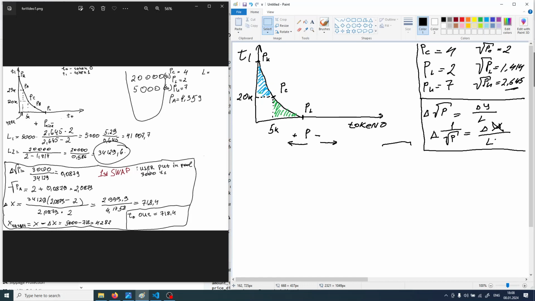Which formulas do we need to calculate token amounts?